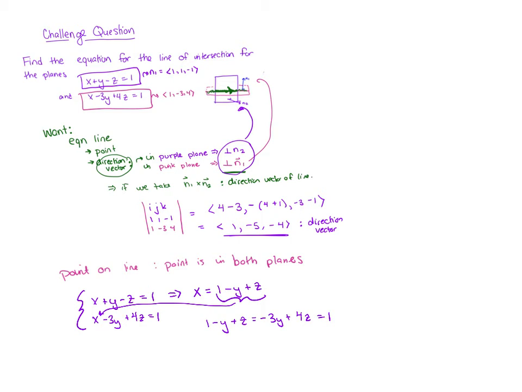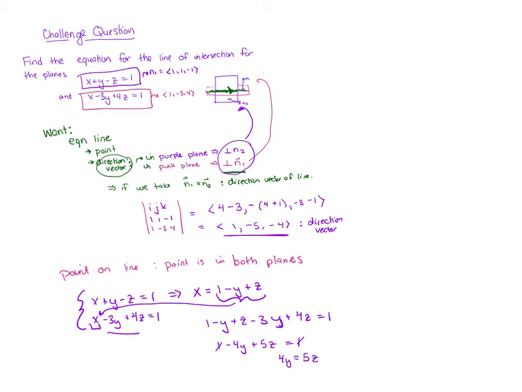Let me fix this. 1 minus y plus z, that was my x, minus 3y plus 4z. So x minus 3y plus 4z equals 1. So if I combine terms here, I get 1 minus 4y plus 5z is 1. So the 1's can cancel, and I get that 4y equals 5z.